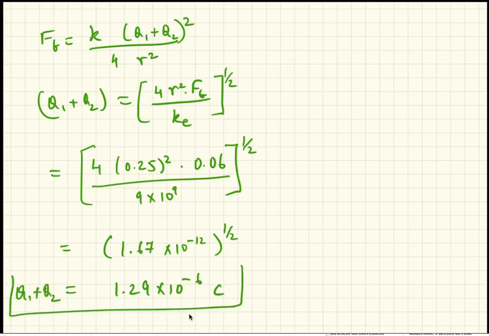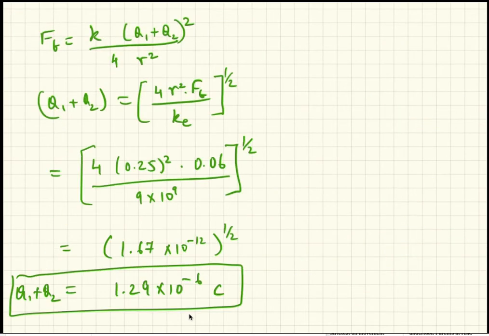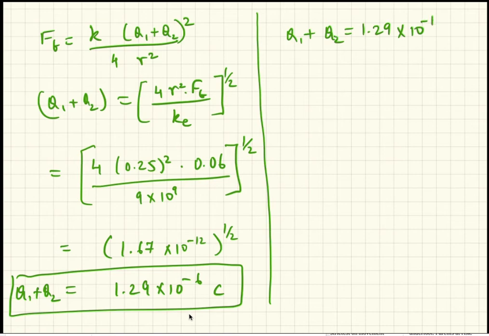Now we have two equations. Q1 plus Q2 is equal to 1.29 times 10 to the minus 6 coulombs, and Q1 times Q2 is 3.47 times 10 to the minus 13 coulomb squared.